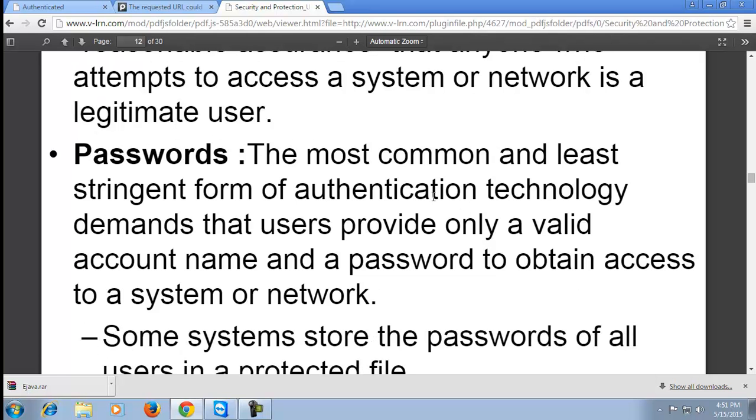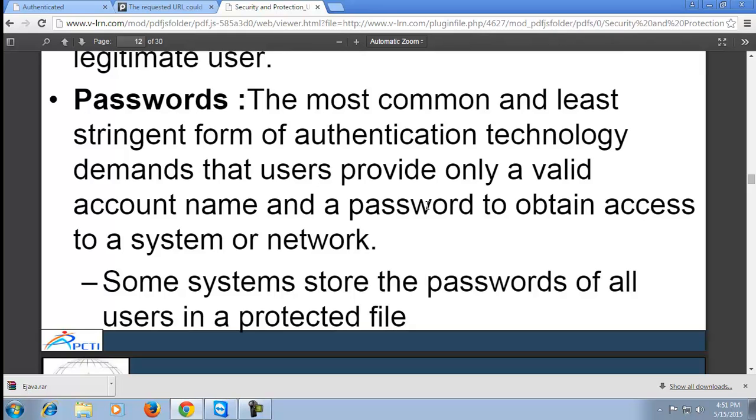In that way, it also represents that some systems store the password of all users in a protected file. In that case, the user has to be smart for protecting their password and data saved inside the system where they are accessing the sites and the content.